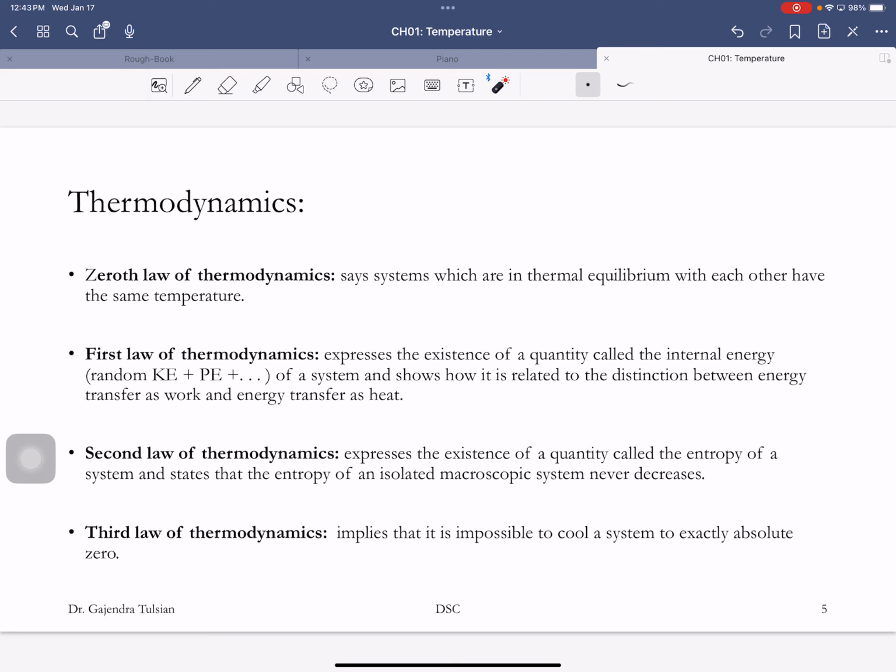So the entropy of the universe is always increasing. It never decreases. So the third law of thermodynamics talks about absolute zero. Absolute zero is the lowest possible temperature, and you can never get there. Okay, so it's a theoretical concept.